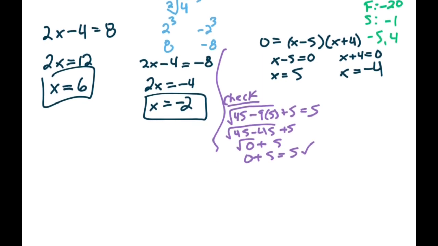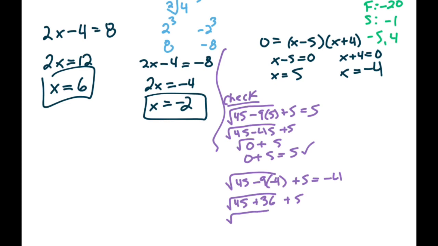Let's try negative 4. So the square root of 45 minus 9 times negative 4, plus 5, equals negative 4. So this will be 45 plus 36 plus 5.